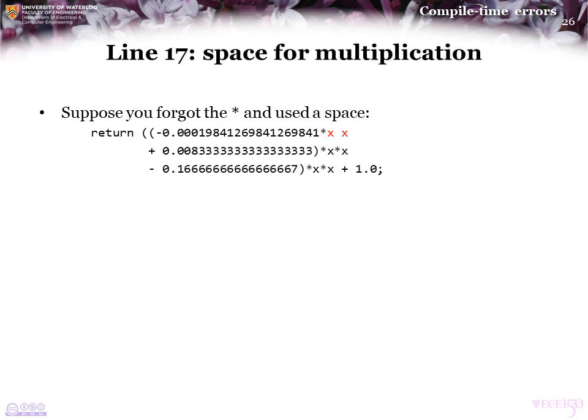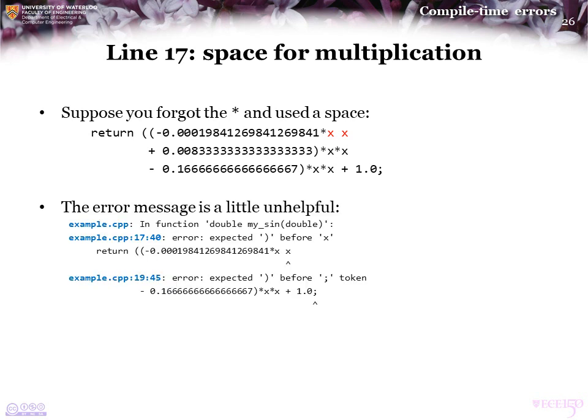Now, suppose you forgot the asterisk symbol and instead used a space for multiplication. The error message is a little bit less helpful here. It seems to be trying to suggest you should be closing the arithmetic statement with a closing parenthesis first.